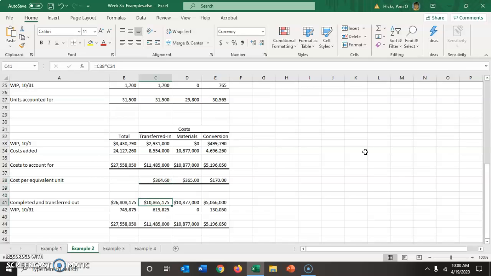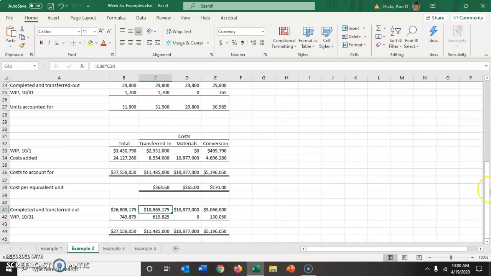Then we will allocate those cost per equivalent units to come up with the costs that are transferred out versus those that remain in the department associated with ending WIP. And we do that by taking the cost per equivalent unit times the equivalent units for each category.